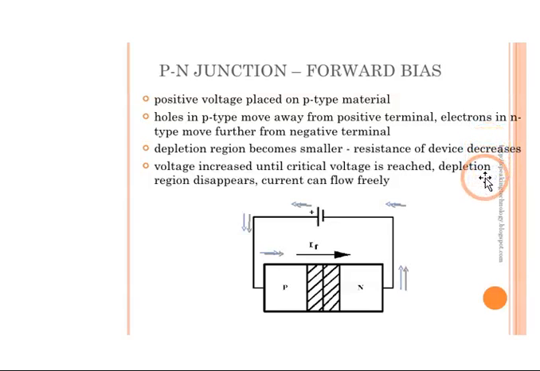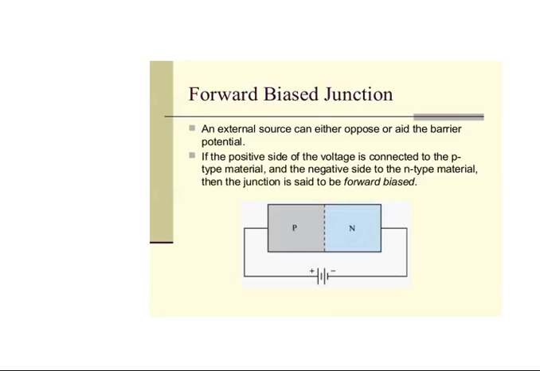The depletion region becomes smaller, the resistance of the device decreases, and voltage is increased until the critical voltage is reached. The depletion region disappears and current can flow freely. That's why this is called a forward biased junction. You can see it over here: P to positive and N to negative.